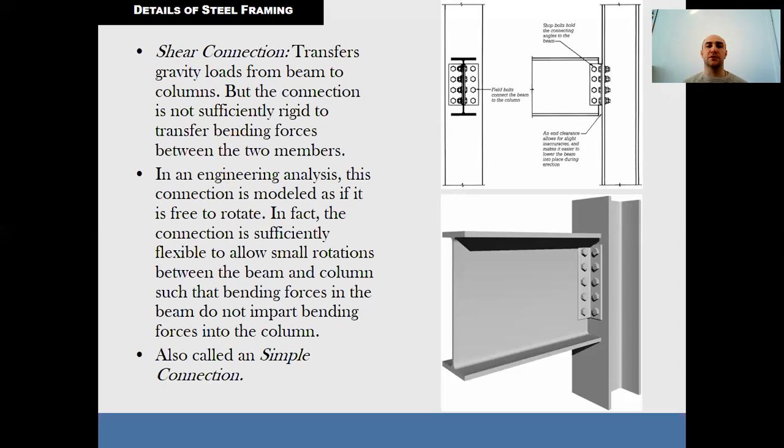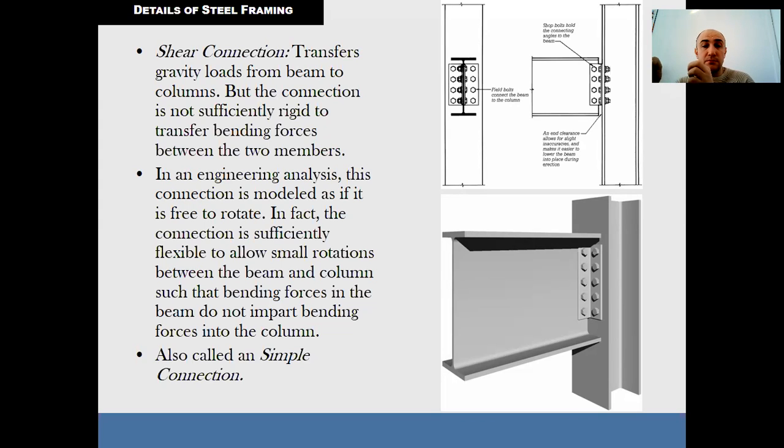If a member, for instance a beam, has some internal shear forces, this will be passed on as axial force into the column member. Typically shear connections act as a pin, as they don't take moment force like a moment connection.